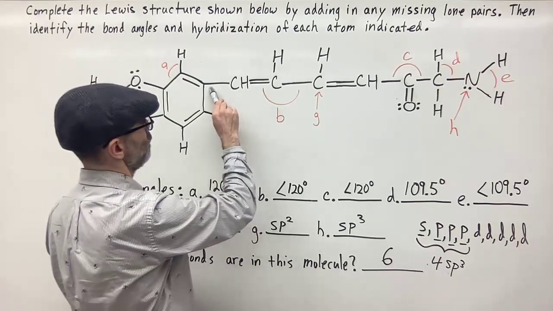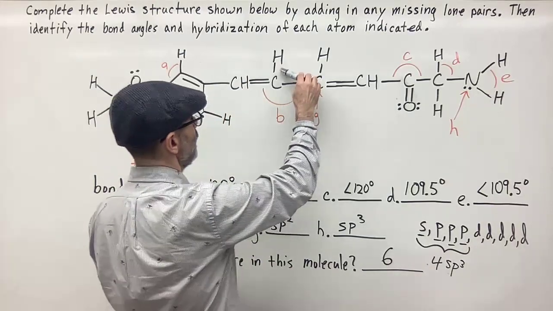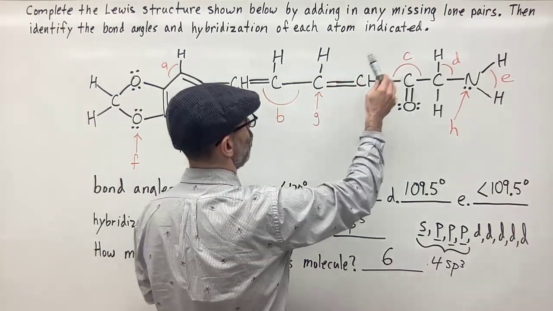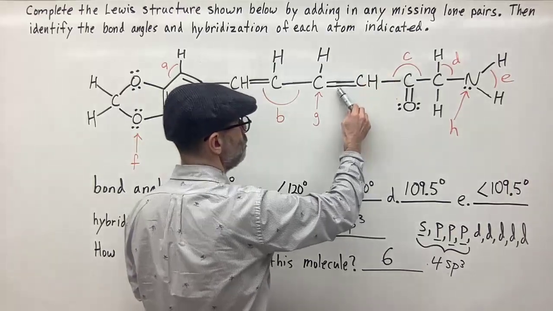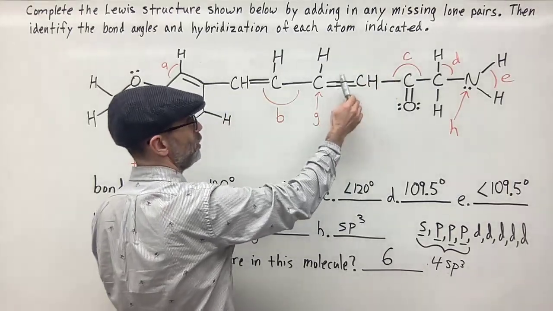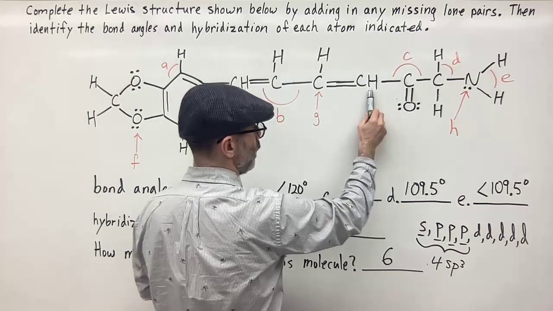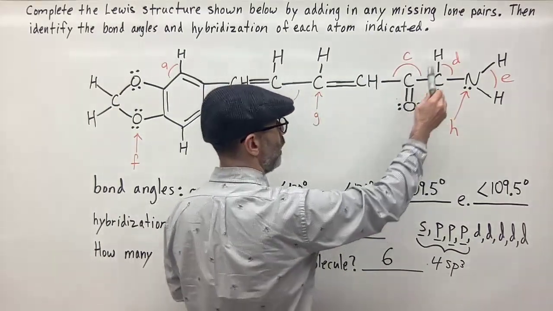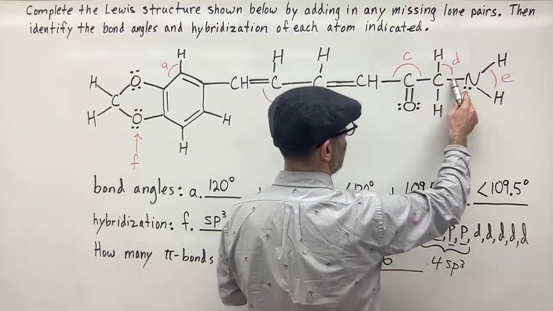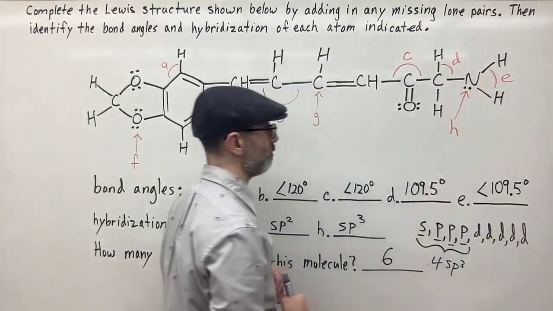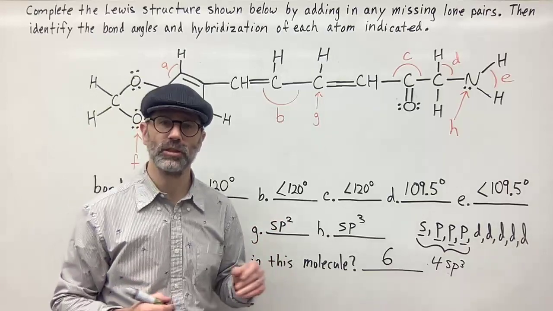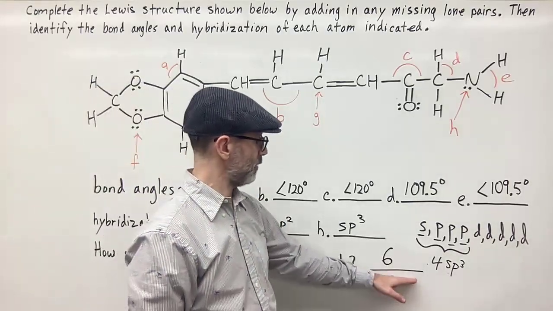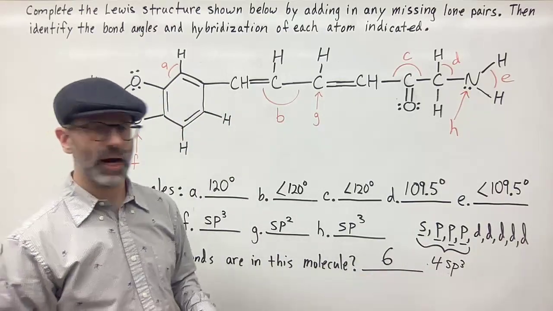I already think I counted that one. 17, 18, 19, 20, 21, 22. Oh, yeah, 21, right? I don't want to count the pi bond. 21, 22 for that one, 23, 24, 25, 26, 27, 28, 29, 30. So it looks like we have 30, unless I miscounted, which may be the case, but it looks like we have 30. But we definitely have 6 pi bonds.